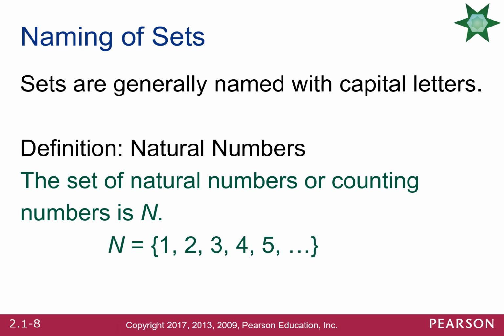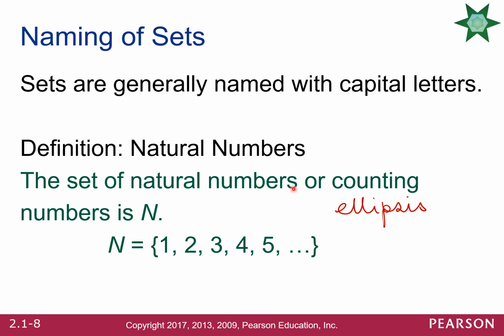So over here we have it shown in roster form, where capital N is equal to, then within these braces we have listed these numbers, the natural numbers starting from 1: 1 comma 2 comma. You have to put in the commas to separate the elements, and then these three dots are also called ellipses, right? So let me write that. These are called ellipses, and the ellipses tell us that this pattern continues, right?